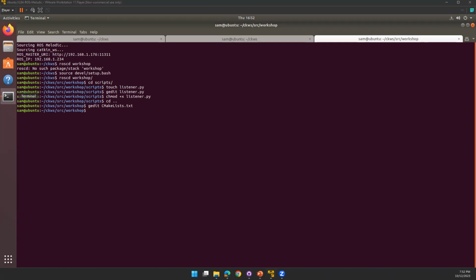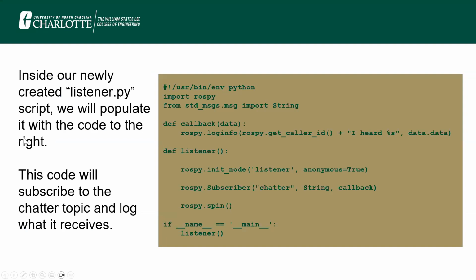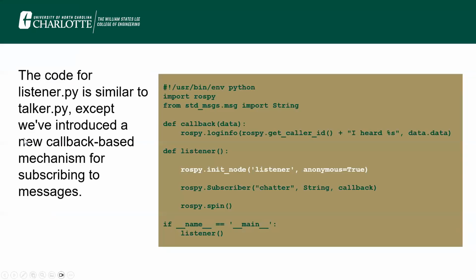This one has a lot of the same structure that we saw before. Apart from main calling a function, there's just a little bit that we can notice here. Here we've got our listener, and so we initialize the node and give it a name that's anonymous again.